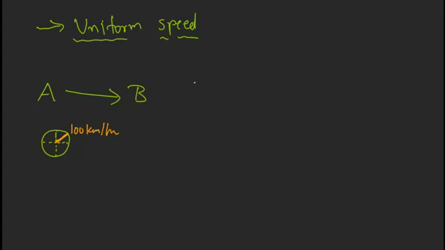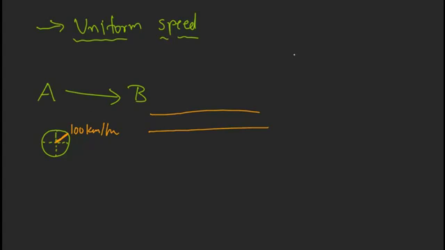There is no traffic between A and B, there are no bumps, no obstacles, and the road is extremely straight, so I don't have to take any turns or reduce speed for any reason. Then I am traveling at a constant 100 kilometers per hour. Such a kind of drive is called uniform speed. Speed remains uniform, that is why it's called uniform speed, and that's called constant speed.